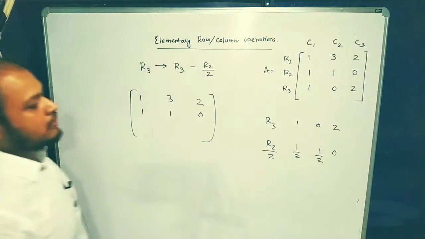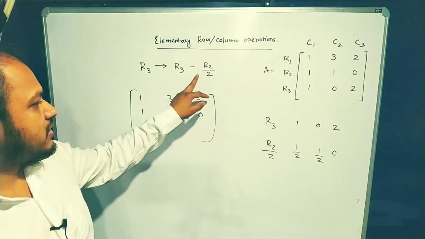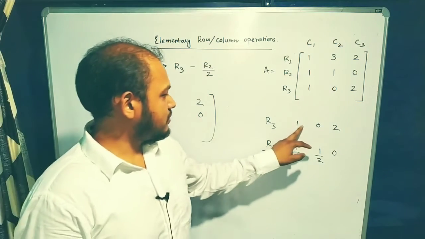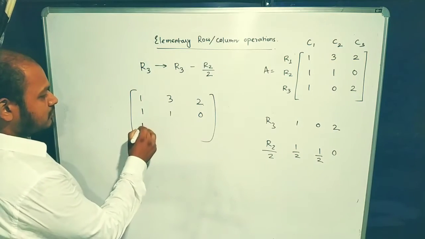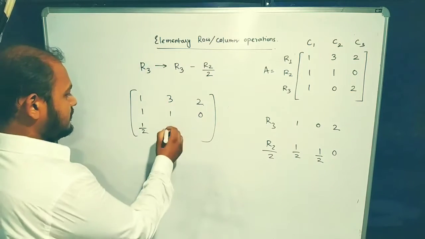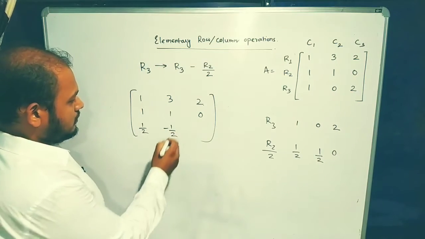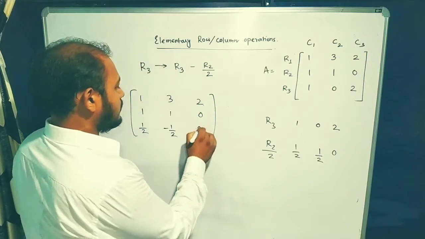0 by 2 is 0. Now third row will be R3 minus R2 by 2. So 1 minus half is half. Then 0 minus half is minus half. And finally 2 minus 0 is 2.